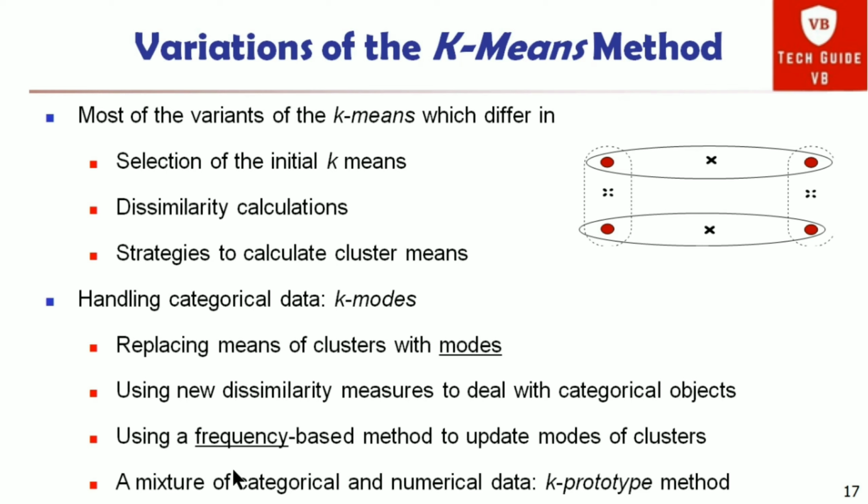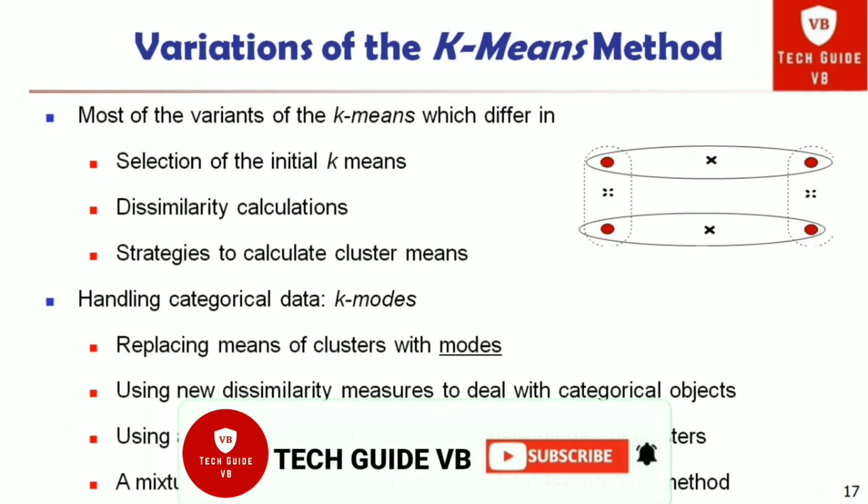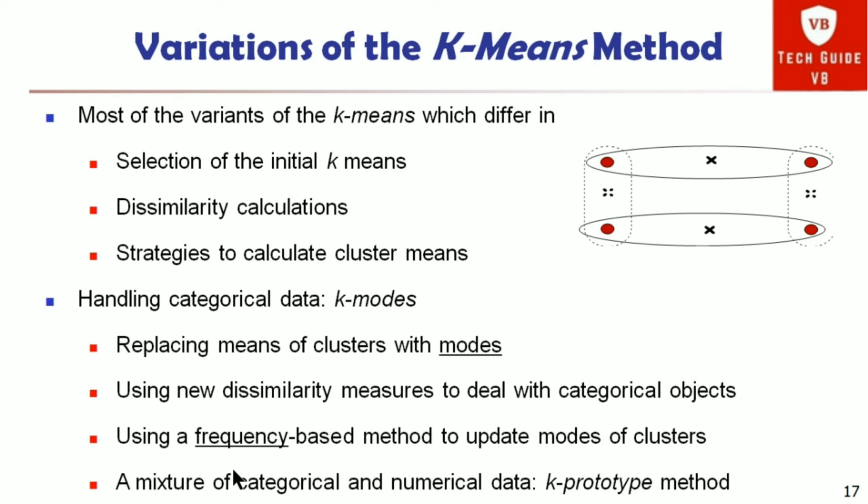Mean is replaced by mode, using a new dissimilarity measure to deal with categorical data objects, and using a frequency-based method to update modes of the clusters. So it is a variation of k-means. For a mixture of categorical and numerical data, the k-prototype method is used.